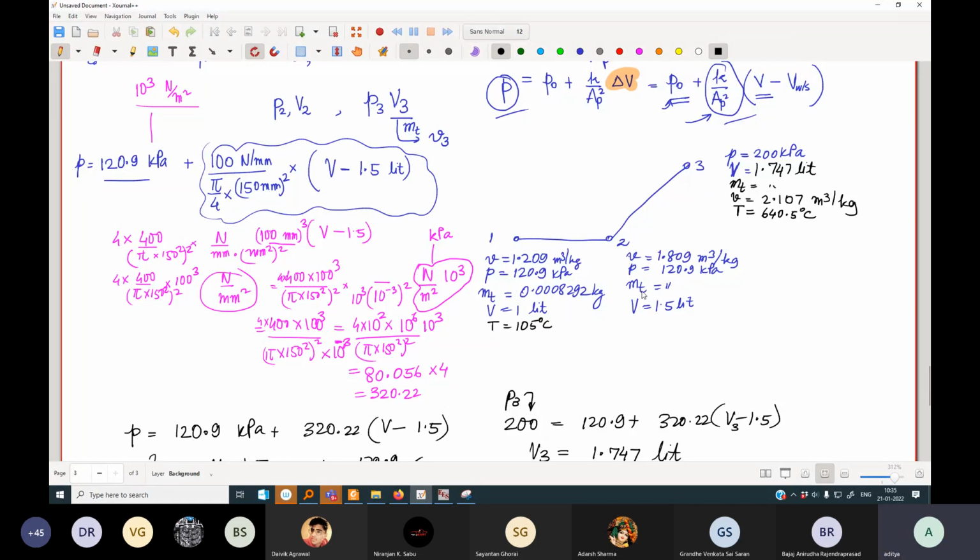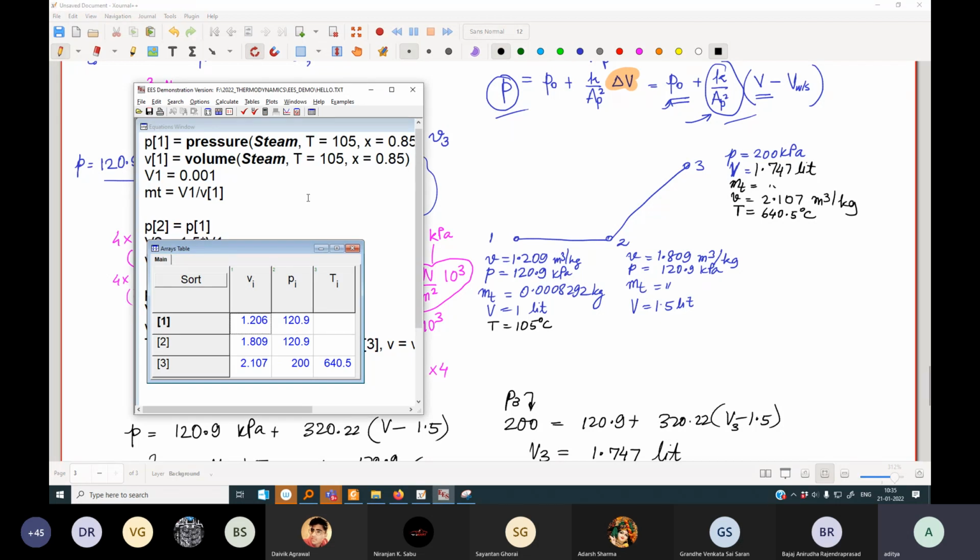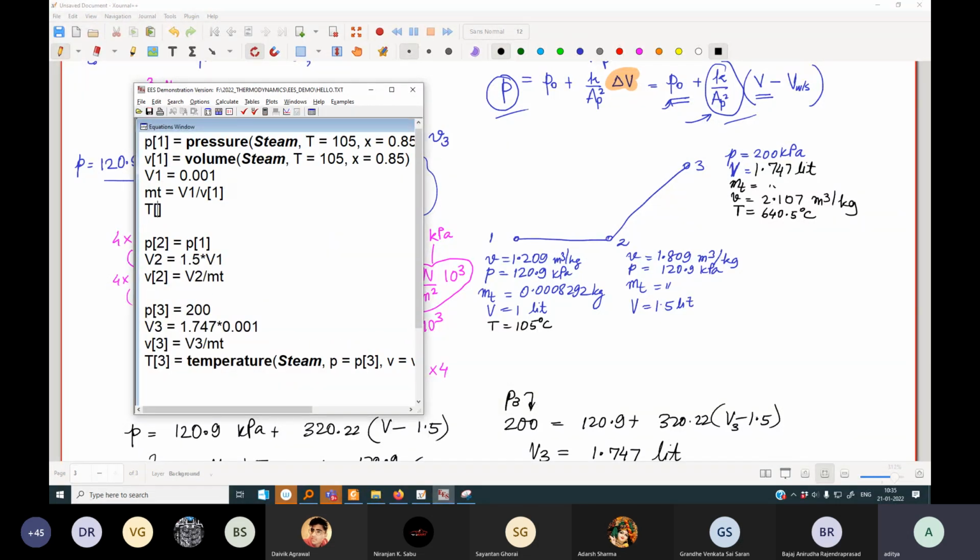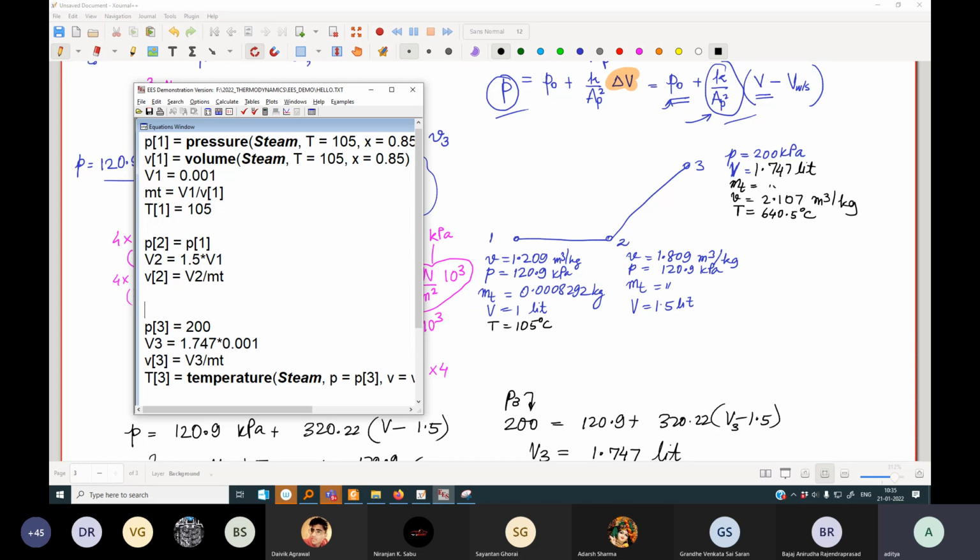The temperature over here was 105 degrees Celsius. Now, what is the temperature at point 2? I don't know the temperature at point 2. I will simply write over here T1 equal to 105, and T2. Why do I want to find out what T2 is? Because then I can plot them on the PV diagram and see whether everything makes sense or not.